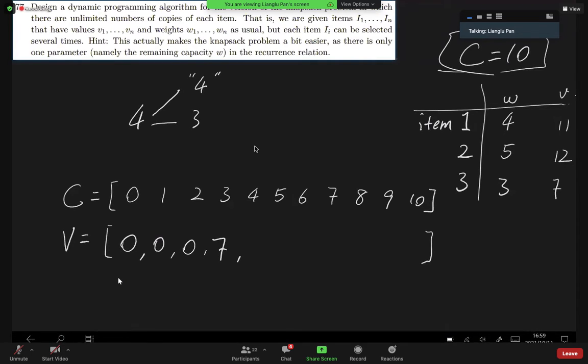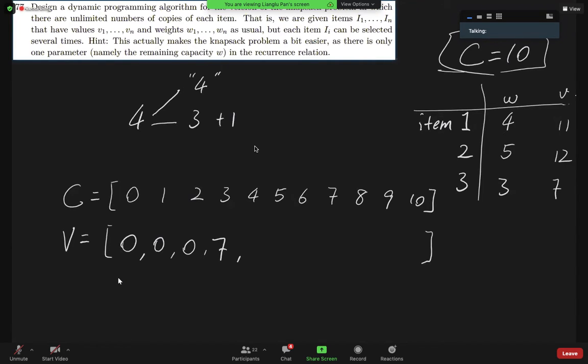Maybe we can consider 3 plus 1. That means we have total capacity of 4, but we are considering it as 2 separate bags: one bag with capacity 3 and the other bag with capacity 1. And of course, we can also do the split as 2 plus 2, so we are splitting capacity 4 into 2 bags, and each bag has capacity of 2.